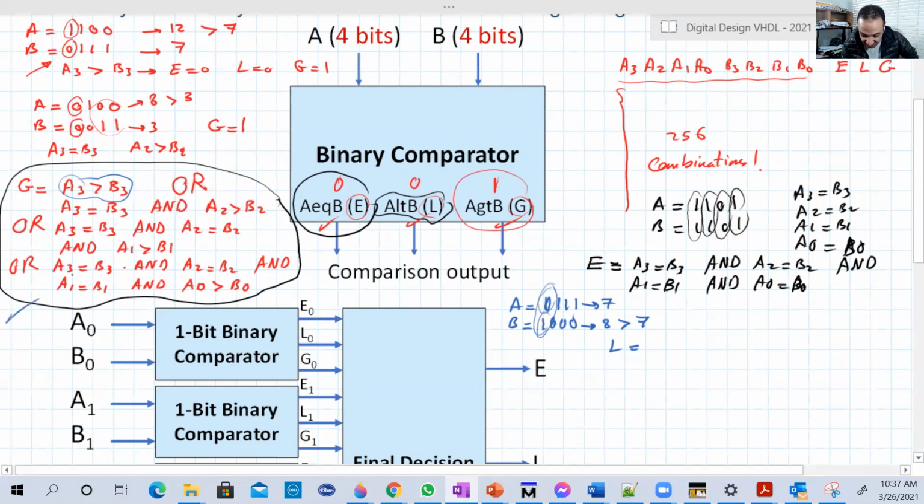So you can build something very similar to this, but you will just convert this greater than sign into less than sign.